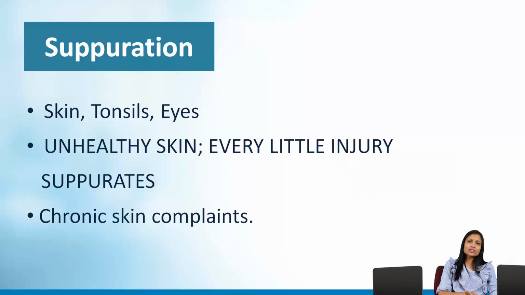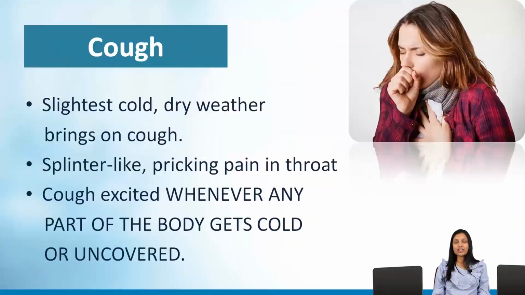Any chronic skin complaints. So you can talk about a chronic allergy, you can talk about a chronic urticaria, a chronic ulcer that does not heal. Chronicity of skin complaints is seen in Hepar Sulph. The next important characteristic of Hepar Sulph is the cough. Okay.